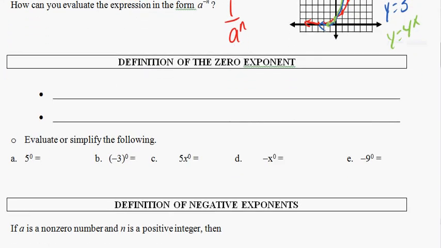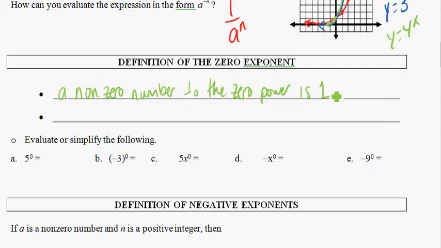Alright, so the definition of the 0 exponent. For a 0 exponent, we can say a non-zero number to the 0 power is 1.